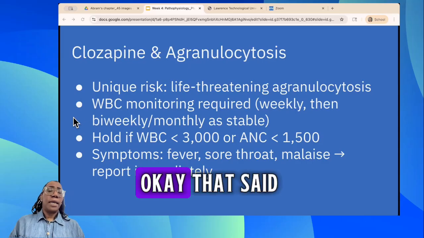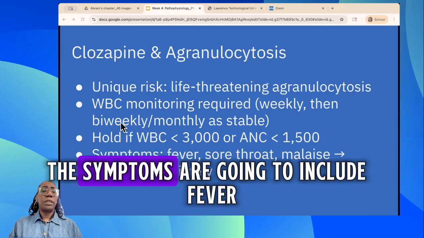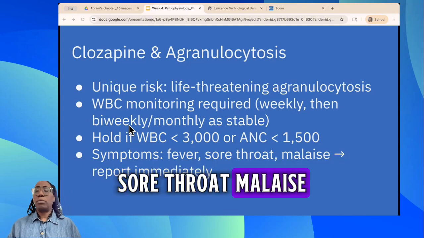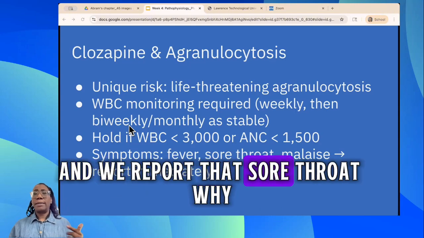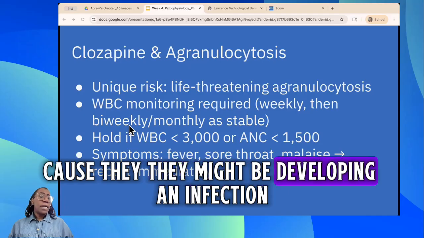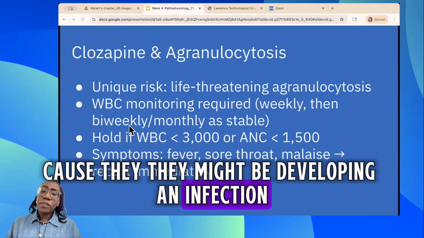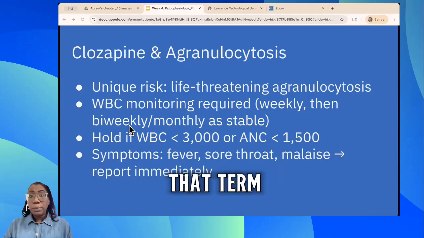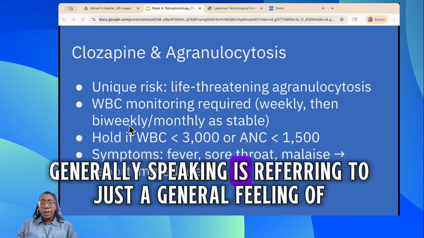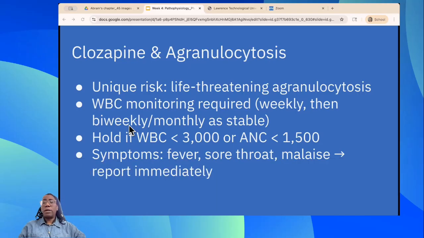Okay. That said, the symptoms are going to include fever, sore throat, malaise, and we report that. Sore throat, why? Because they might be developing an infection. Malaise, that term, generally speaking, is referring to just a general feeling of poor health.